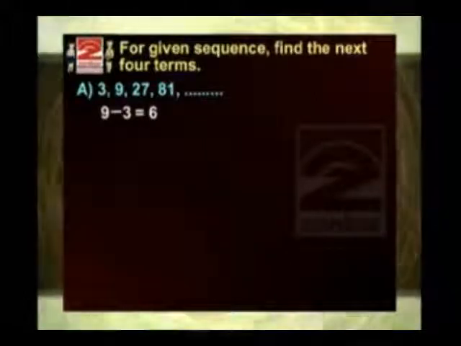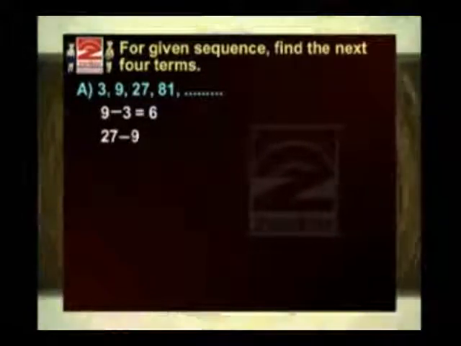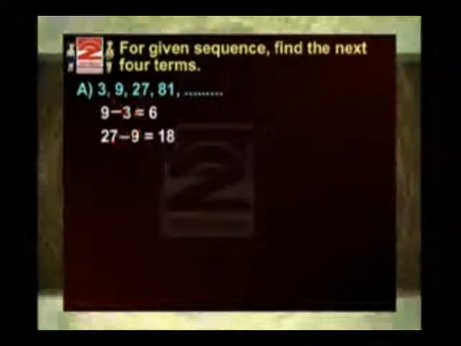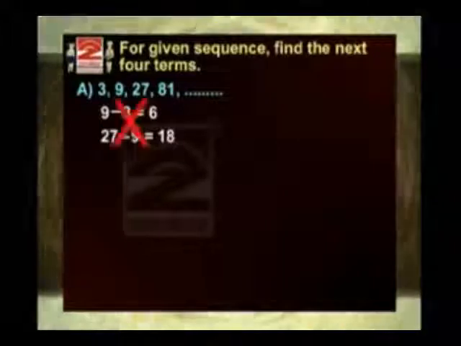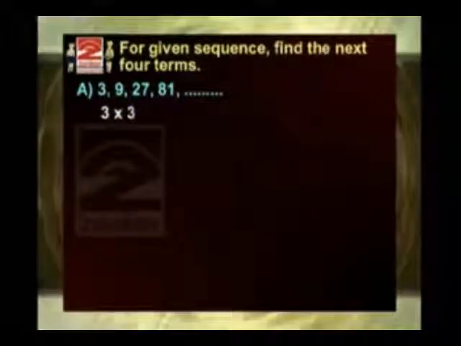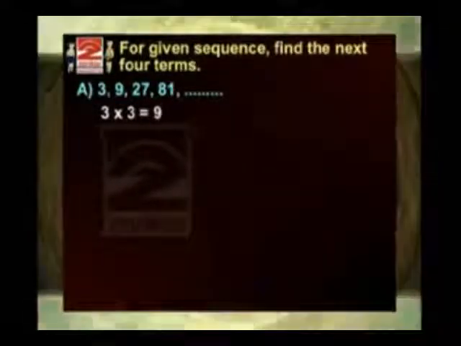Here, first we'll find out the difference. 9 minus 3 is 6. 27 minus 9 is 18. That means this is not the pattern. So now if we multiply 3 by 3, then we get 9. That is the next term.